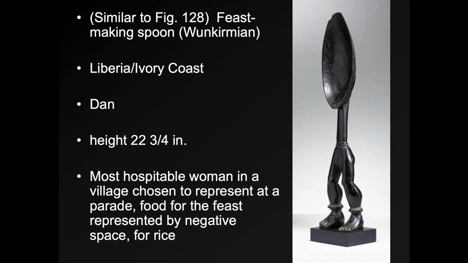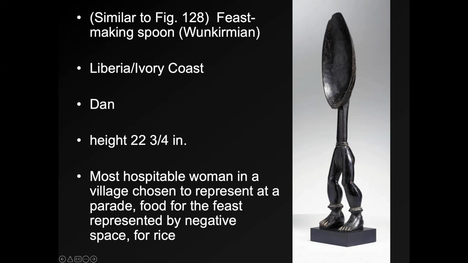A woman from each village or community or neighborhood would be chosen to represent the community at a parade. She would often be dressed kind of like a man sometimes, showing her power. And she would carry one of these spoons, which are, you can't really see the height of it here because it's not standing next to a person, but it's almost 2 feet long.